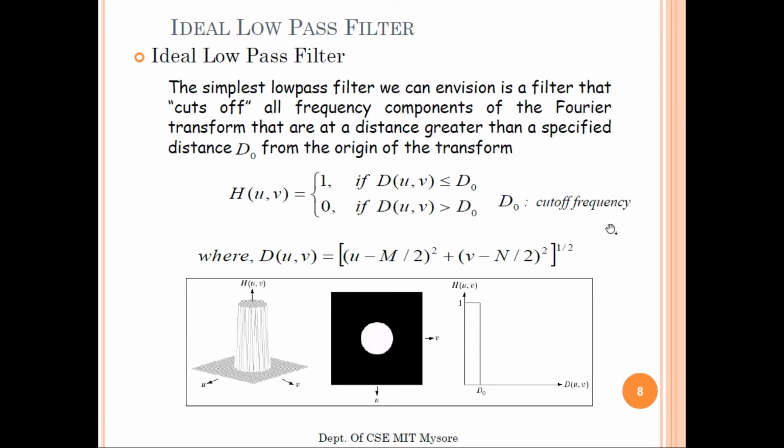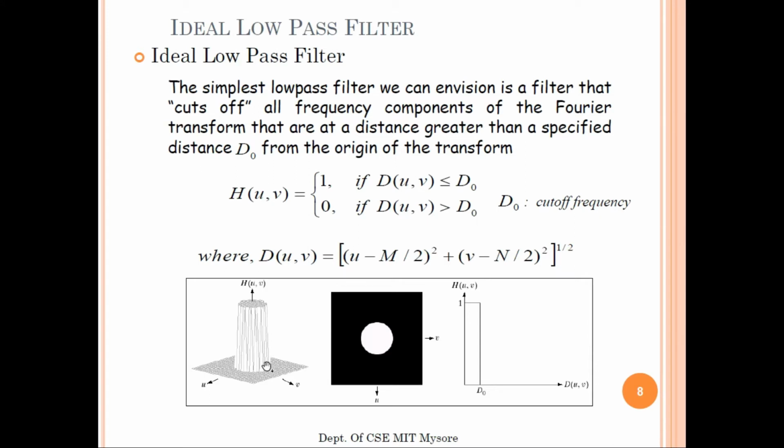D0 is the cutoff frequency, where D is the distance value. D of u comma v is equal to u minus M divided by 2 whole square plus v minus N divided by 2 whole square, raised to the power 1 by 2. This can also be written as the square root of u minus M divided by 2 whole square plus v minus N divided by 2 whole square.